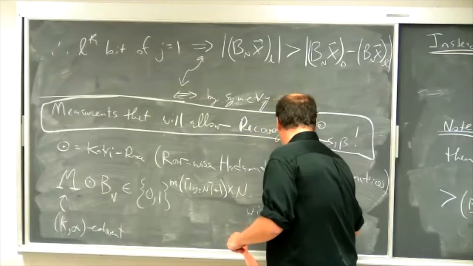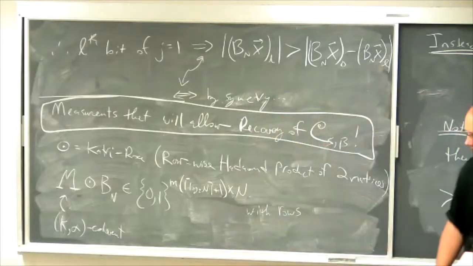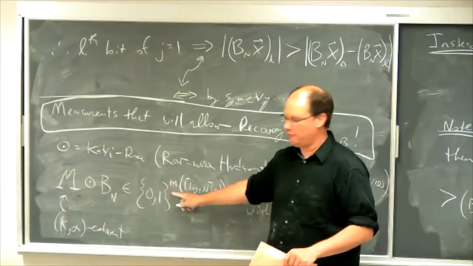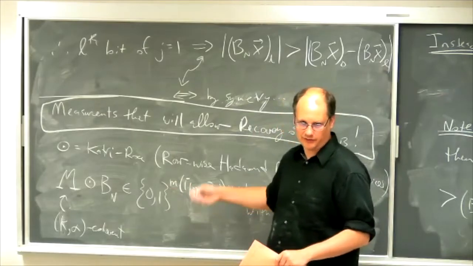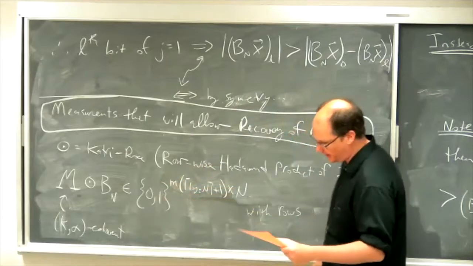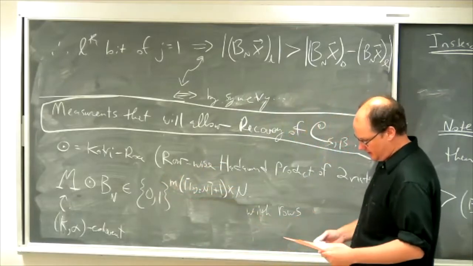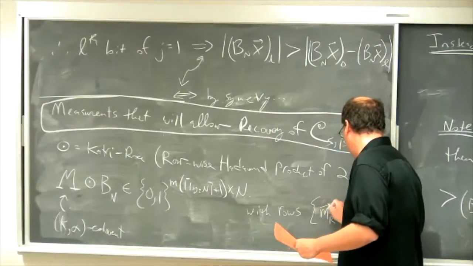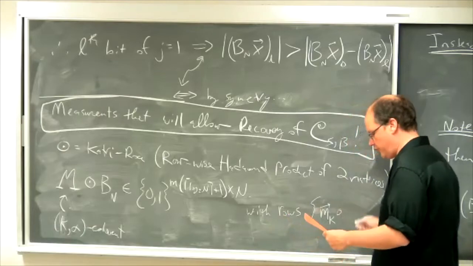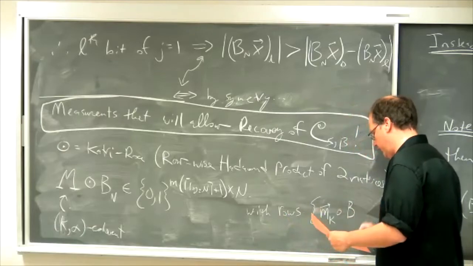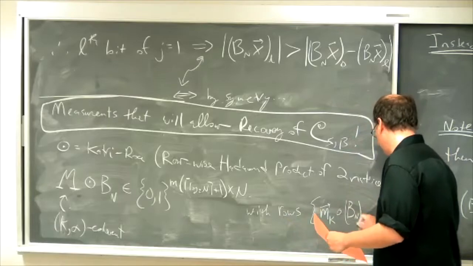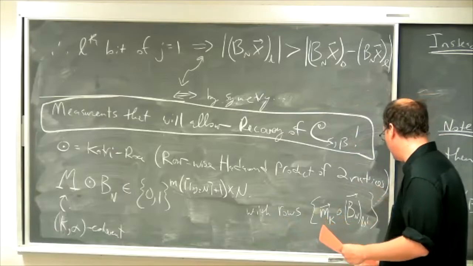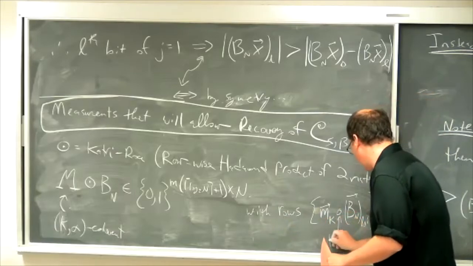And more explicitly, each one of the rows can be indexed by choosing your row of M and then your row of your bit testing matrix, and you take a Hadamard product of those. So what's that going to look like? The kth row of M, I'm going to do a Hadamard product with whatever your favorite lth row of Bn is.